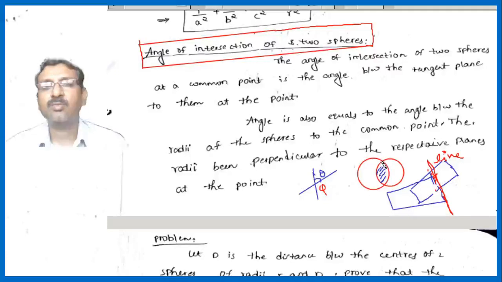If they intersect at a point, then we say that those are touching spheres. If they intersect along a circle, we say that these are intersecting spheres.